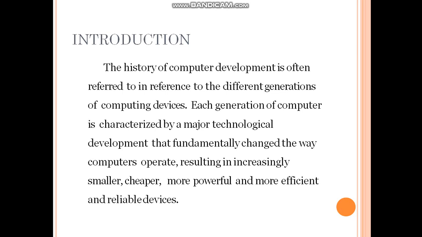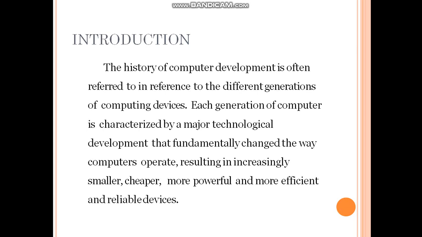The history of computer development is often referred to in reference to the different generations of computing devices. Each generation of computer is characterized by a major technological development that fundamentally changed the way computers operate, resulting in increasingly smaller, cheaper, more powerful, more efficient and reliable devices.